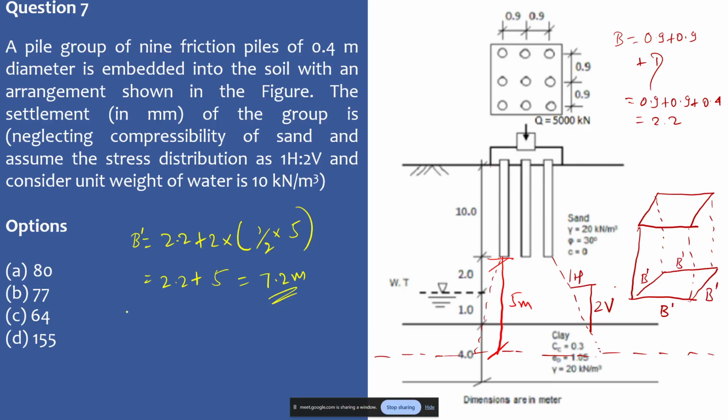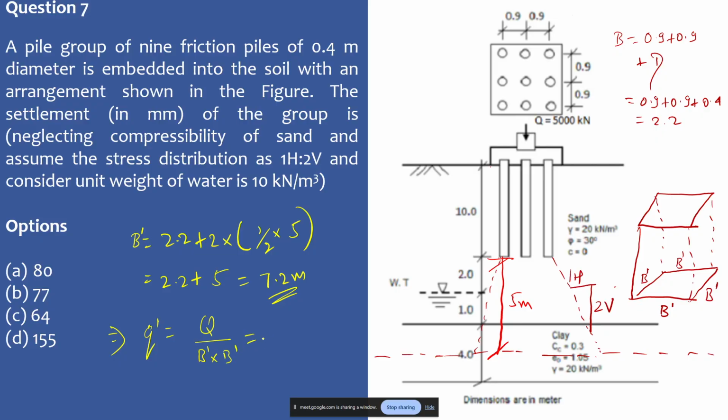So the corresponding total load, or the stress which is coming to your clay layer now, can be calculated. The total load is 500, given, sir. It is 500 given on the top of the pile. Yeah. So Q dash will be your Q by B dash into B dash, right?